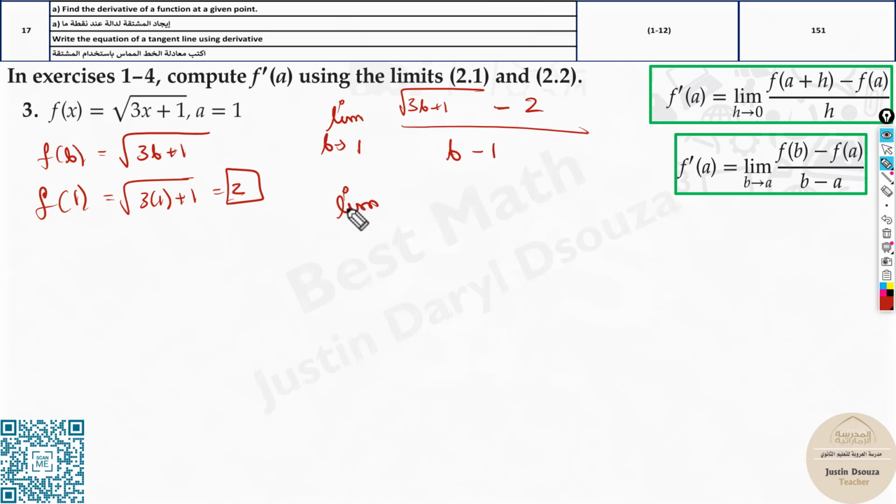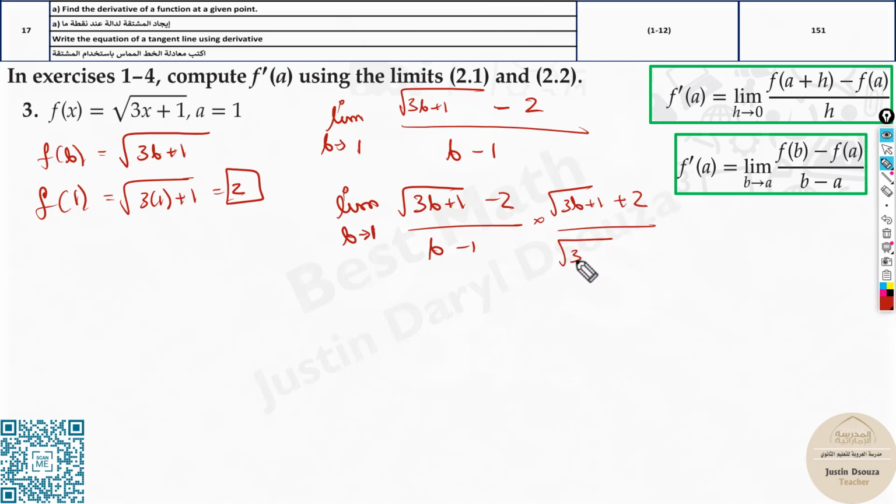So we need to do the same conjugate method, both the steps, both the formulas. We have the same concept here, but it's just that the values change. Over there it was 3h, here we have 3b. So here we get square root 3b plus 1 minus 2 divided by b minus 1. Multiply and divide by the conjugate, that is square root 3b plus 1 plus 2.